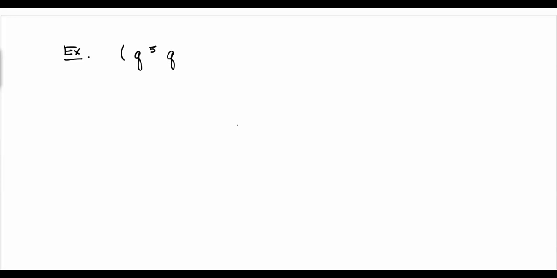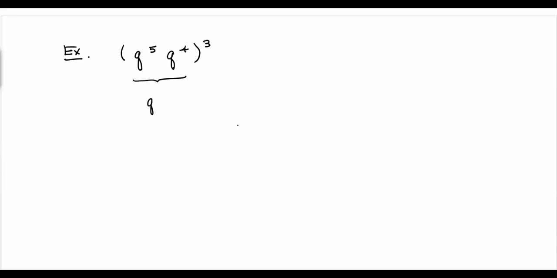Okay, so now if we continue, let's try something a little bit more complex, and we'll have a couple of variables inside that's all raised to a certain power. So let's say I have q to the 5th times q to the 4th, all raised to the 3rd. Well, for me to simplify that, if I look in here, I have like bases, right?